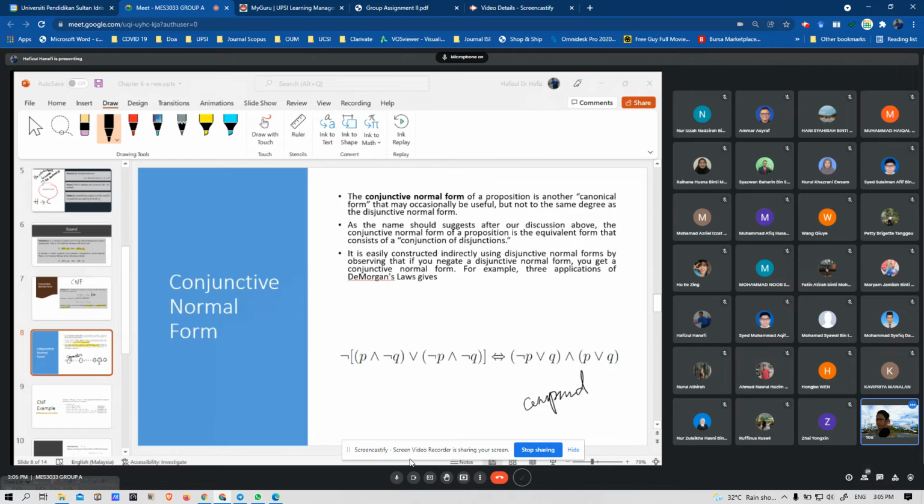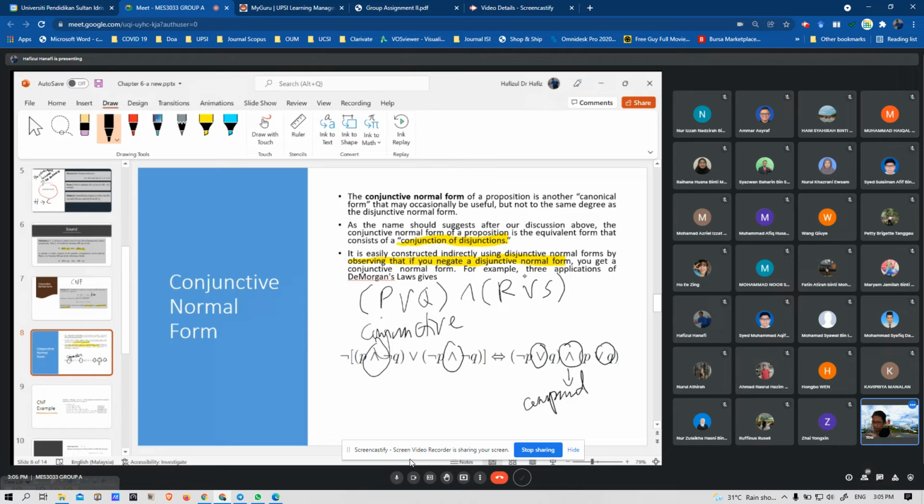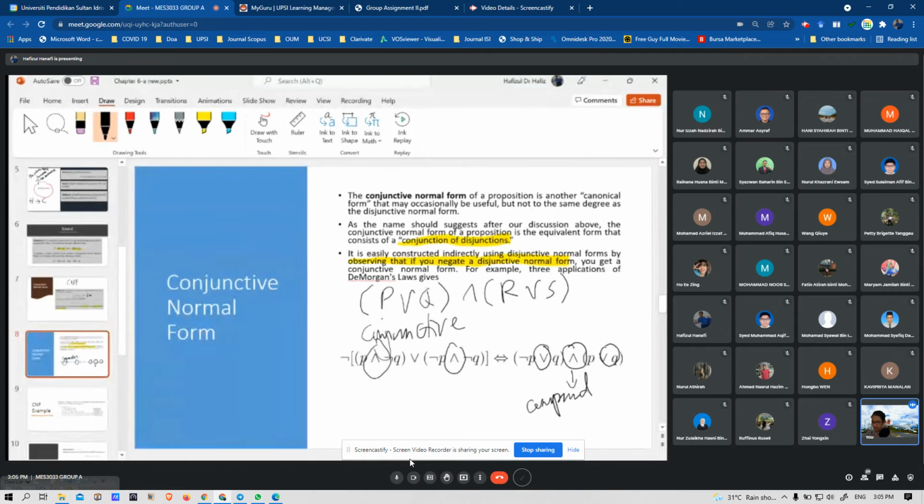For example, we have P and Q, and then we have R and S, and then we have a disjunction.